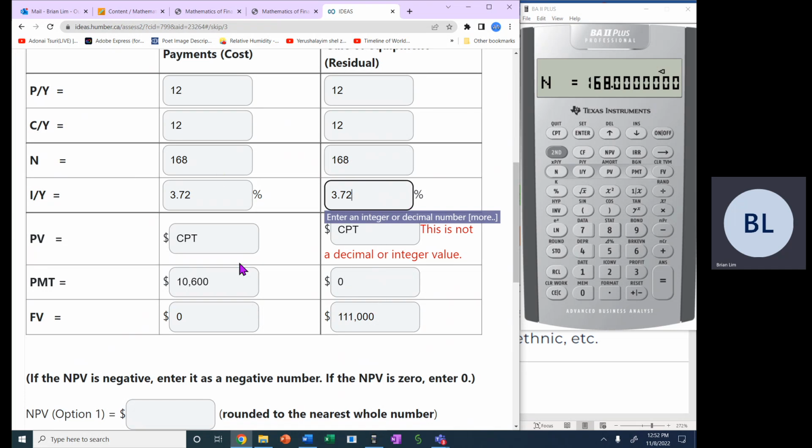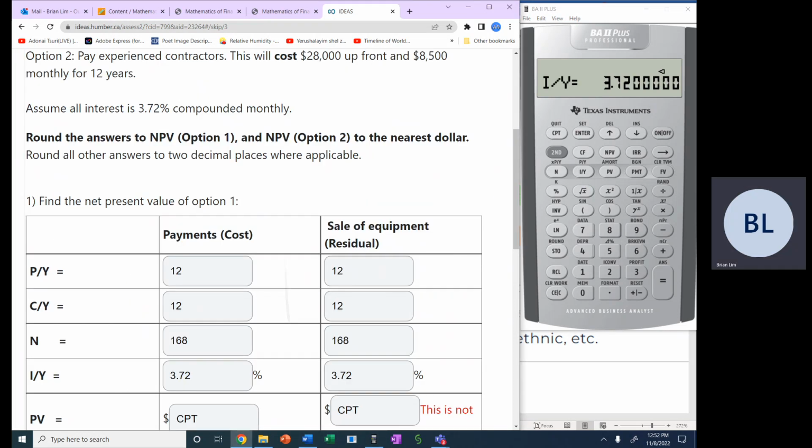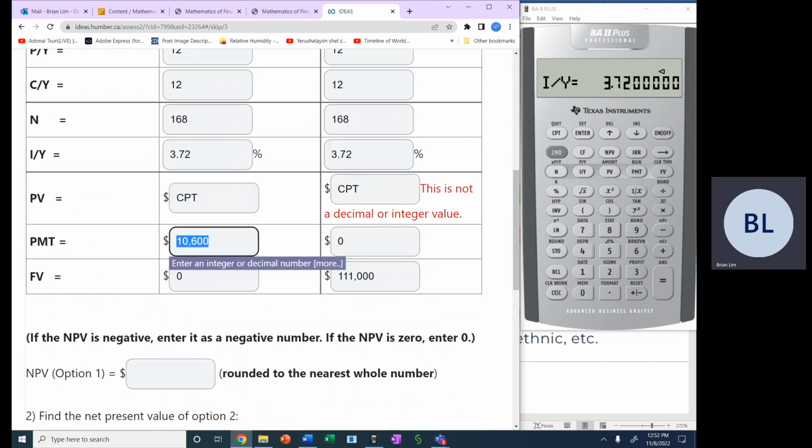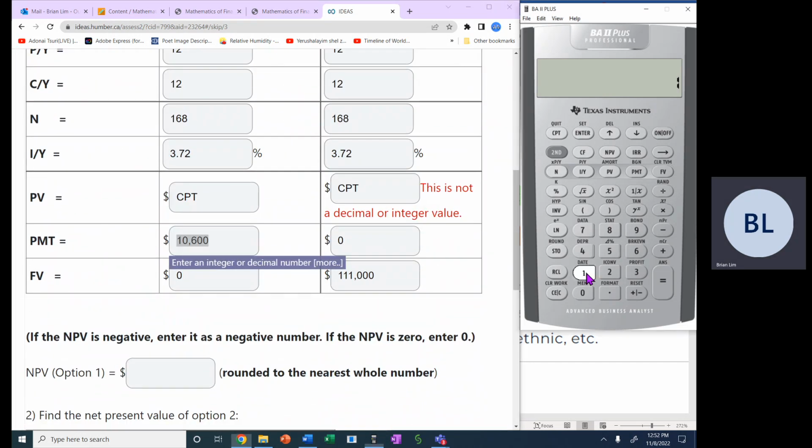Okay, so let's do this first computation. So we're up to the N. Now let's put in the IY value, 3.72. Okay, present value we're computing. Payment is $10,600 each month. So let's go ahead and put that in, 10,600. And since we're paying, we can put that in as negative.